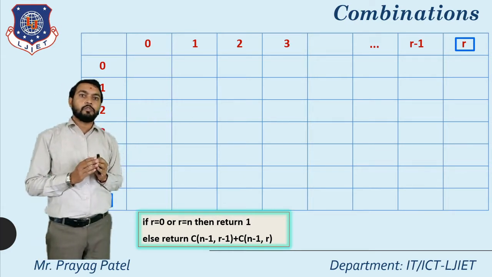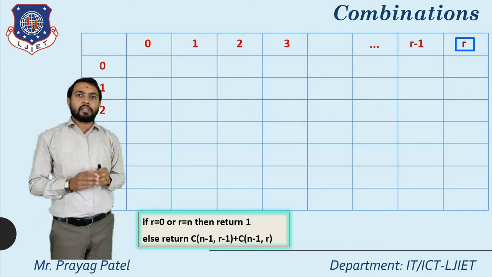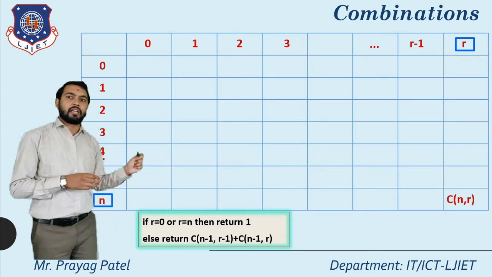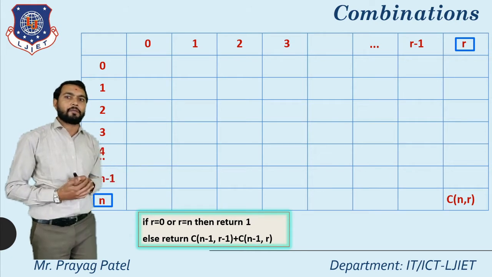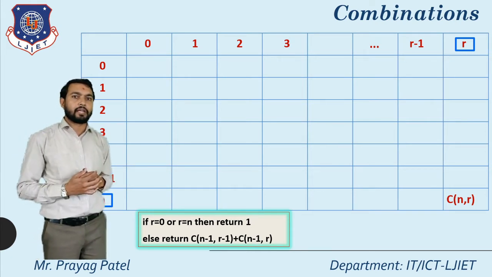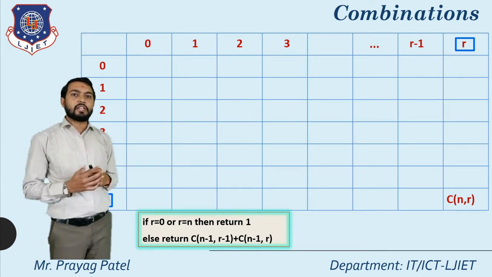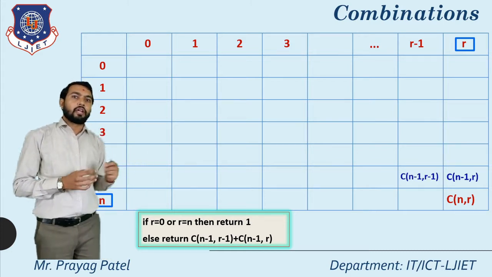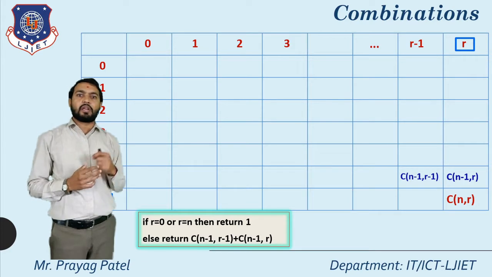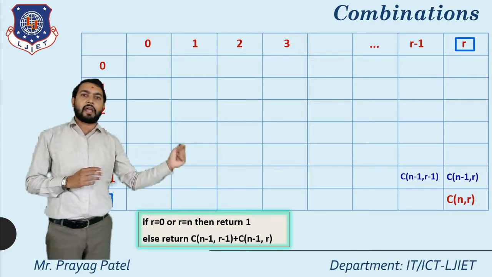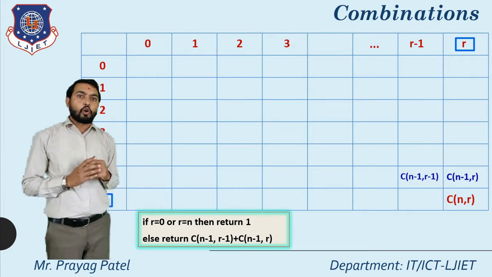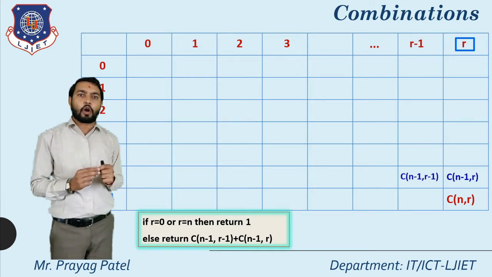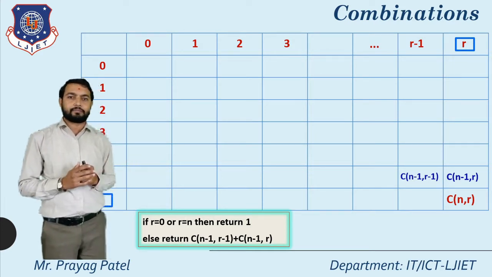Now for the last block, consider it as C(n, r). The equation for C(n, r) in calculating binomial coefficients is C(n-1, r-1) plus C(n-1, r). So the addition of the upper block and the left block becomes C(n, r).